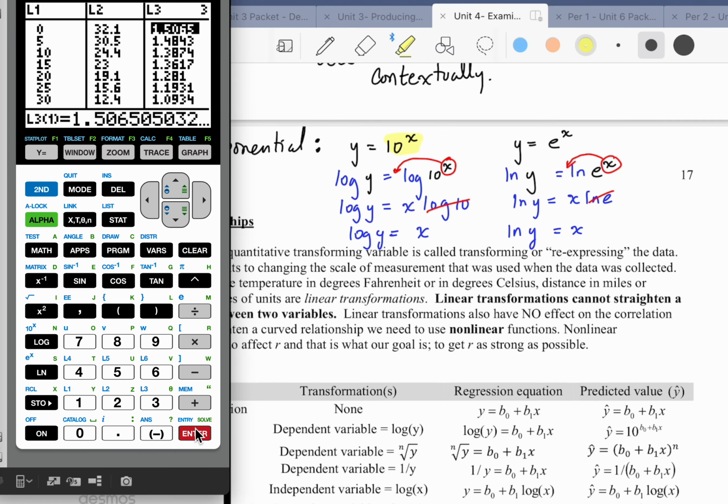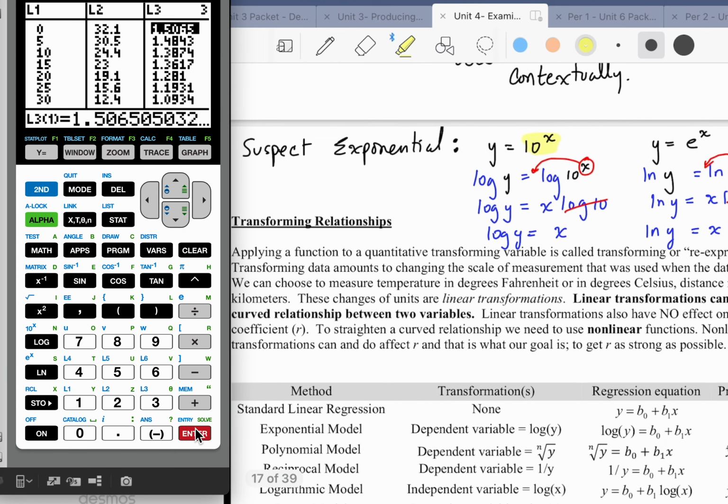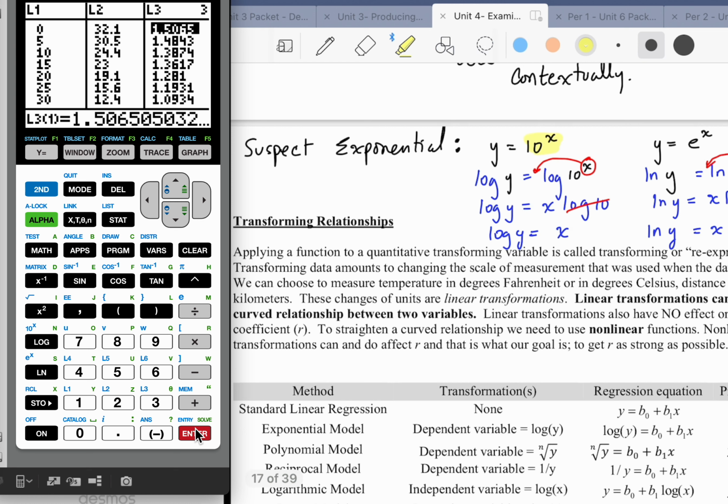So when we come up with this exponential regression, what we're saying here is it's not y equals a plus bx. It's the log of y is equal to a plus bx, because we just transformed the variable y into the log of y.